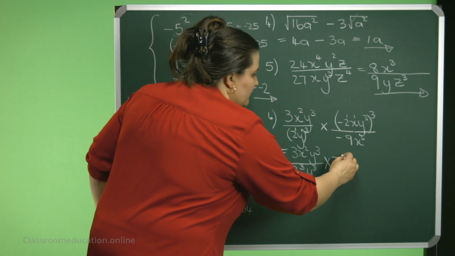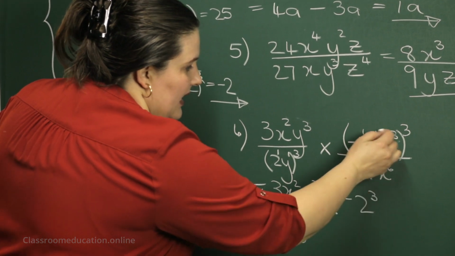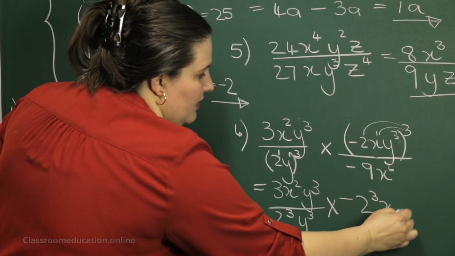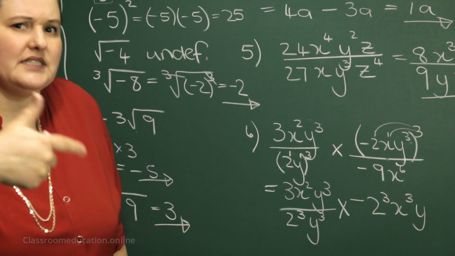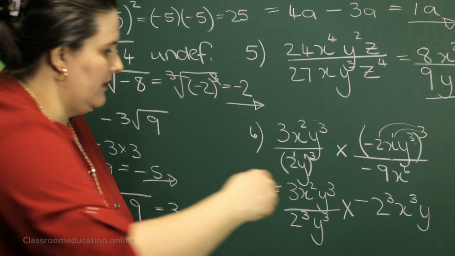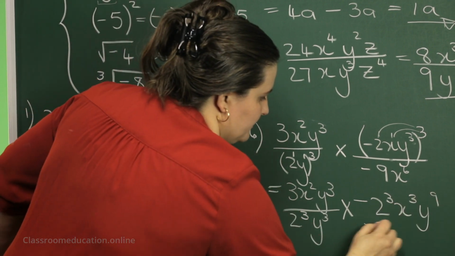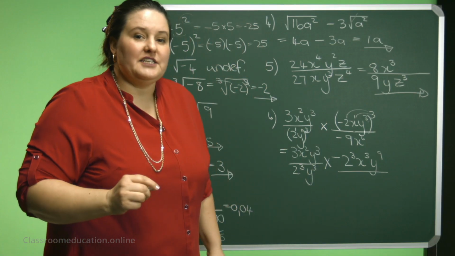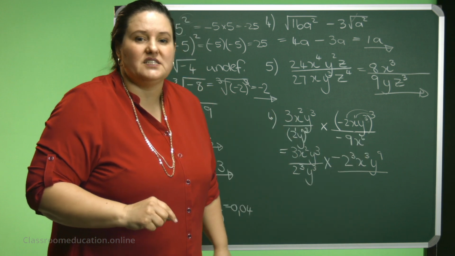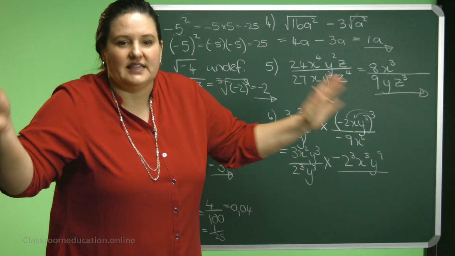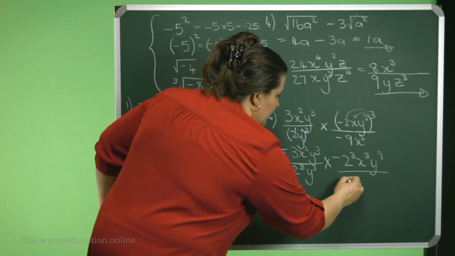So I would have 2 to the power of 3, and then x to the power of 3, and y to the power of 3 times 3, 9. In the denominator here, I have negative 9x to the power of 6. I cannot do something there. I'll leave it as it is.